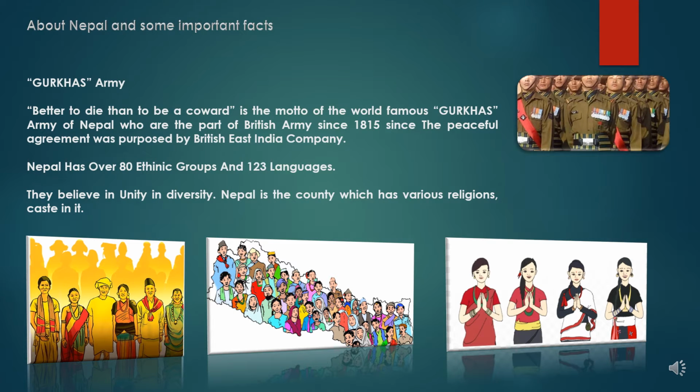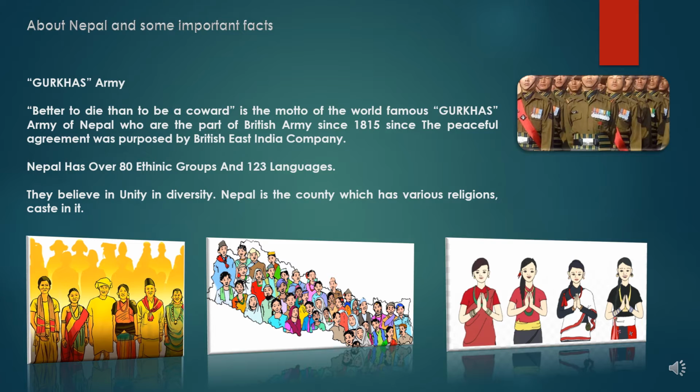Gurkha's army. Better to die than to be a coward is the motto of the world famous Gurkha's army of Nepal, who have been part of the British Army since 1850, since the peaceful agreement that was proposed by the British East India Company. Nepal has over 80 ethnic groups and 123 languages.